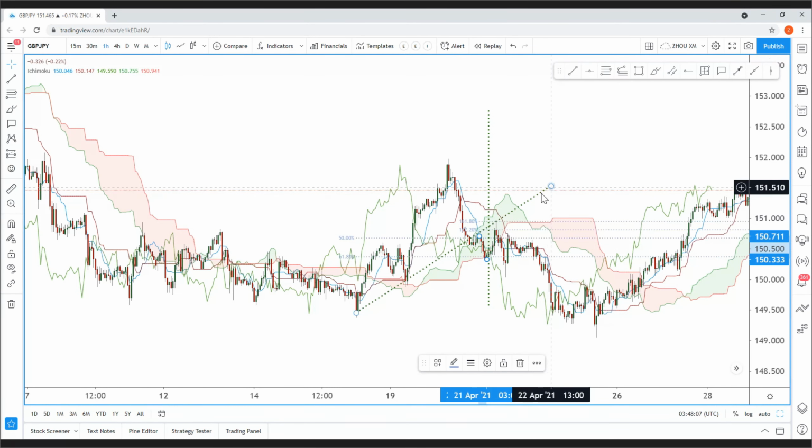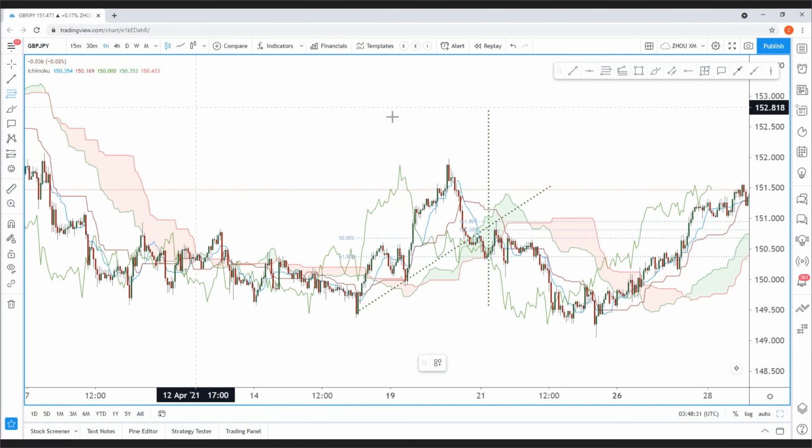The ascending trend line support cuts through together with the span A, as well as the leading span A. So this area is a very important, key area which lines up with our 161.8% retracement, and this tells me that this is probably a good place to short.